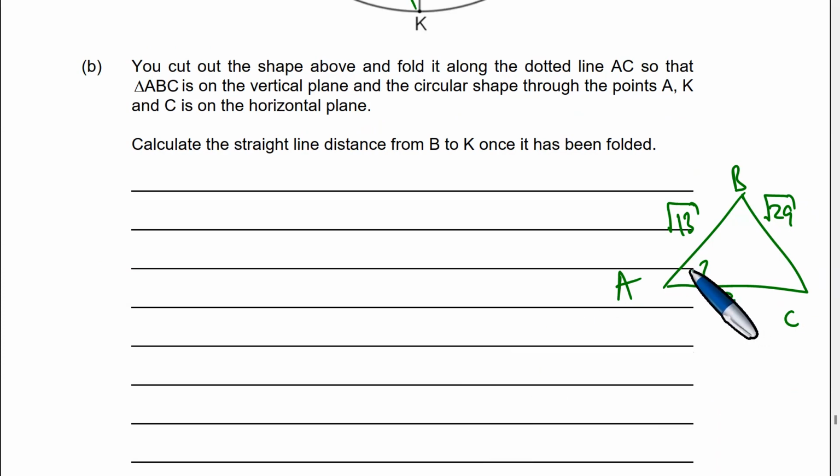So how do you find the size of this angle? We're going to use the cosine rule. So this one here is small a, small b, small c, which means that we want to get this one.